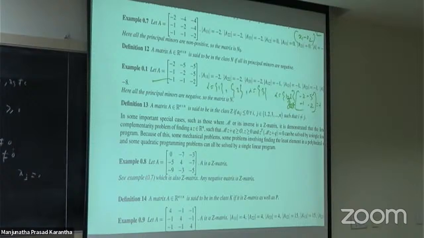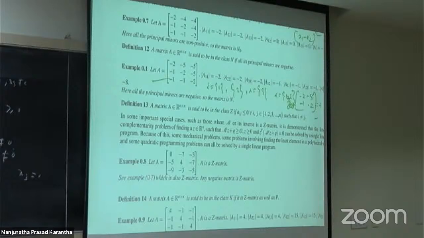So all are negative. So this determinant is negative, so it is an N matrix.